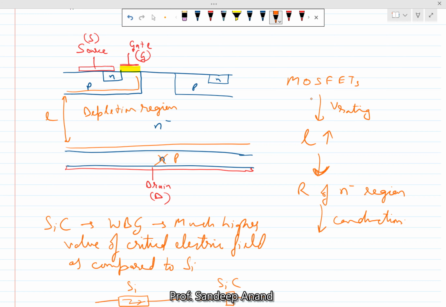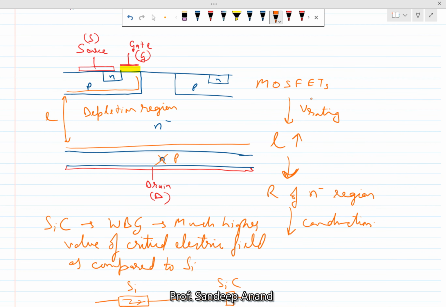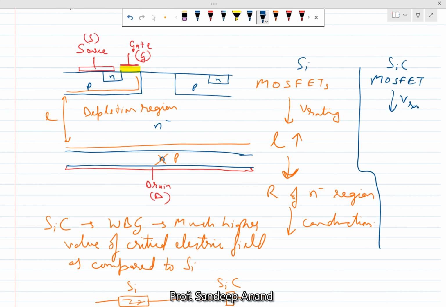Now if we apply this principle onto the diagram, then if you are making a MOSFET, earlier we discussed the structure, right? If you are now making a MOSFET of silicon carbide instead of silicon, in that case, obviously as we increase the V rating, our L will increase, but our L will still be much smaller than the length in case of silicon, and therefore the resistance of the N minus region we also expect to be smaller, assuming the same resistivity.